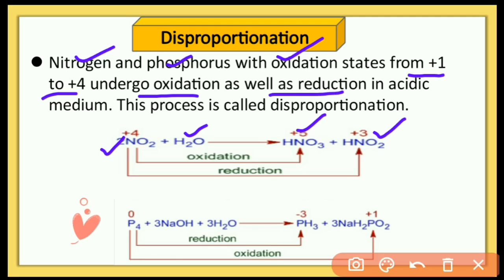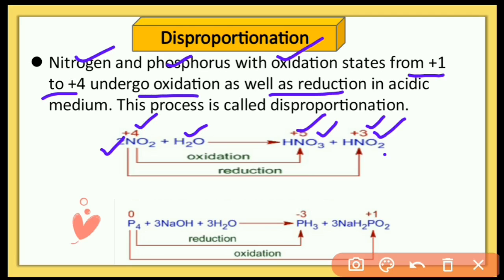In NO2 the oxidation state of nitrogen is +4, in nitric acid it is +5, and in nitrous acid it is +3. So here nitrogen shows 3 variable oxidation states by oxidation and reduction.